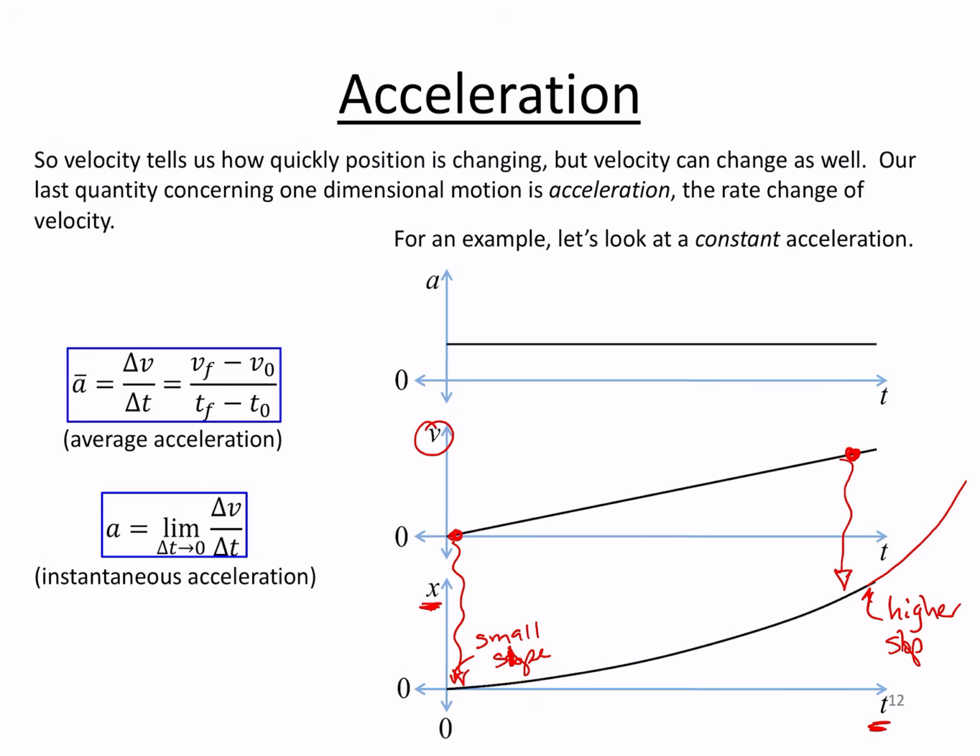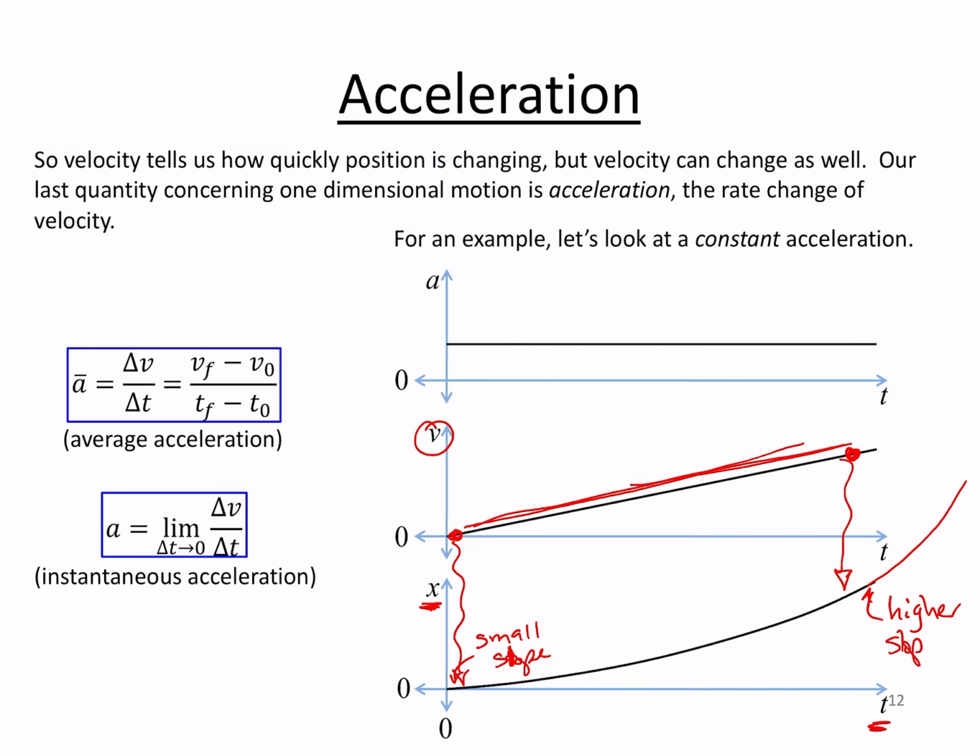So if we're going 10 meters per second, then every second that goes by, we are covering 10 meters. And so the shape of our x versus t graph would just be a nice constant linear thing, kind of like our velocity graph looks like on this diagram, all right?